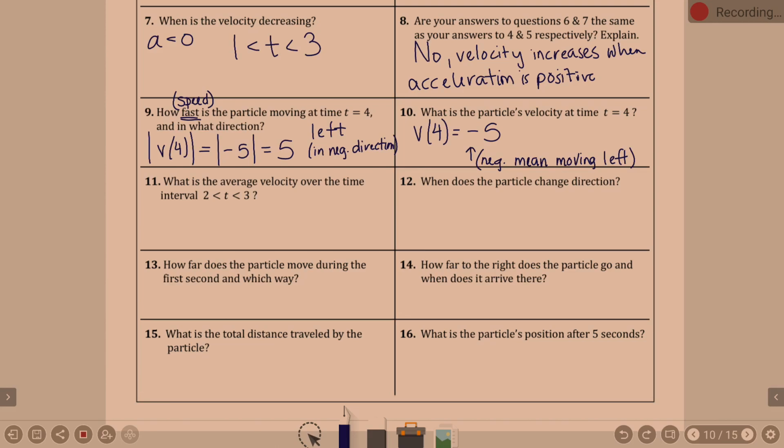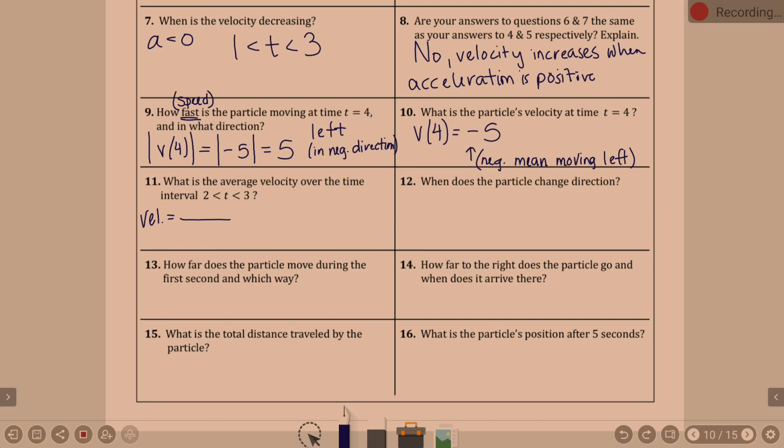Okay. What is the average velocity over the time interval 2 to 3? Thoughts on what they mean by average velocity? If we think about change, like y2 minus y1, kind of, yeah.